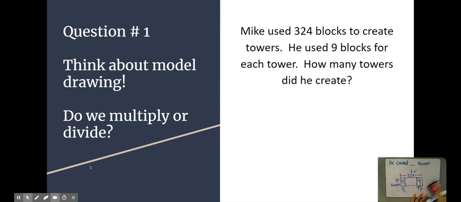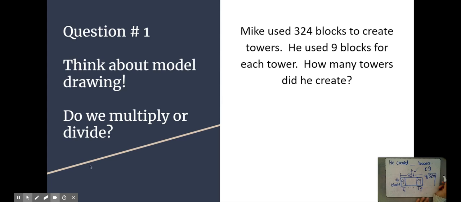The next thing you have to think about, second question, are we sharing anything? And hopefully you're saying yes, because you are sharing 324 blocks to make your towers. So we should know by now we have our division idea. We are dividing here. So 324 divided by 9.